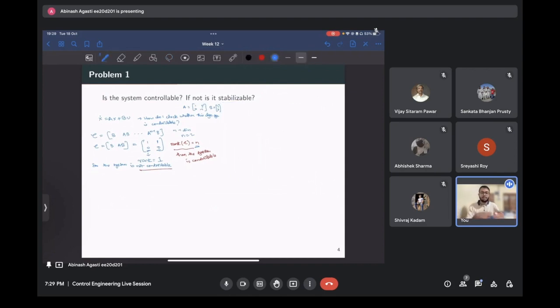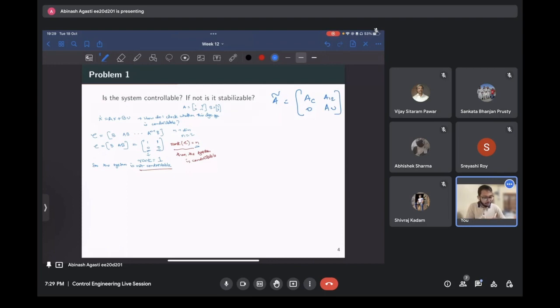Now to find out whether the system is stabilizable, what we need to do is use some kind of similarity transformation such that the matrix A in the new coordinates gives us some A tilde in a form such that here we'll have controllable eigenvalues, here we'll have something A, C, A1 to 0, and here we'll have the uncontrollable eigenvalues, right?